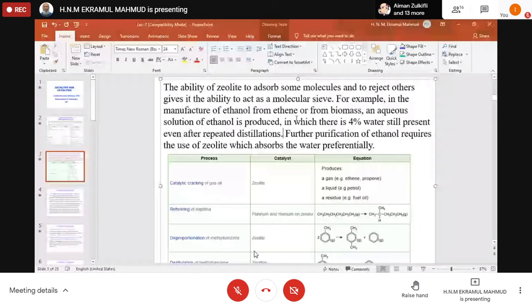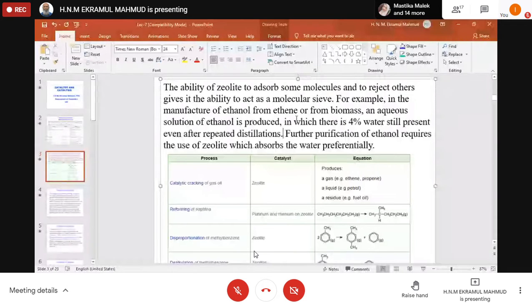This is called an azeotropic mixture, where this small amount of water is mixed with the ethanol and cannot be removed. So how to remove it? It cannot be removed by distillation, because as we distill and distill, a point is reached beyond which water cannot be removed any further.